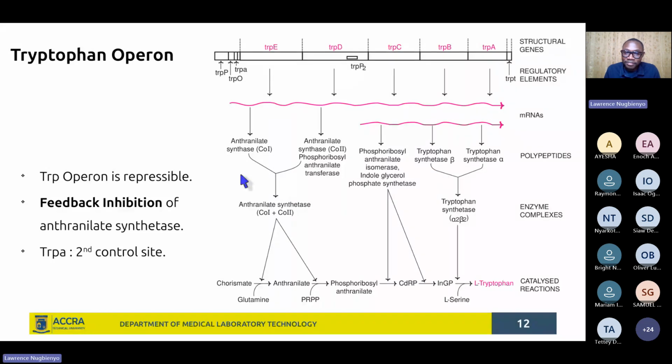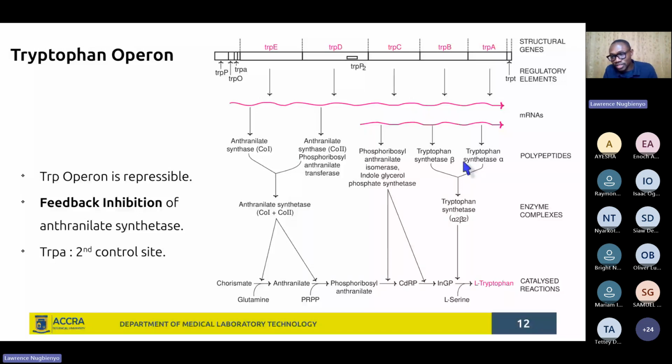Now we see the different regions, when they get translated, the messenger RNA produces different proteins. So we have moved from the messenger RNA level, and now we are looking at polypeptides, which means now there is a process of translation to give you some proteins.